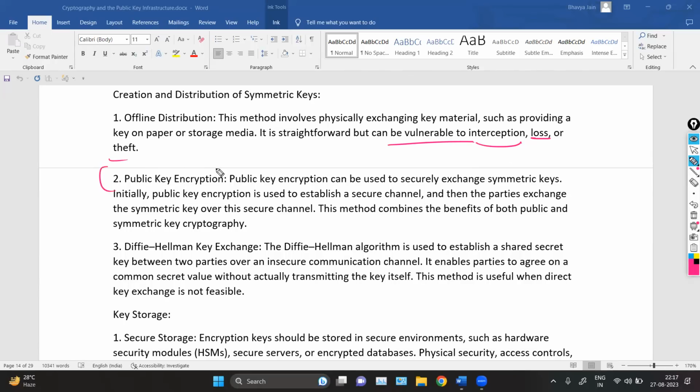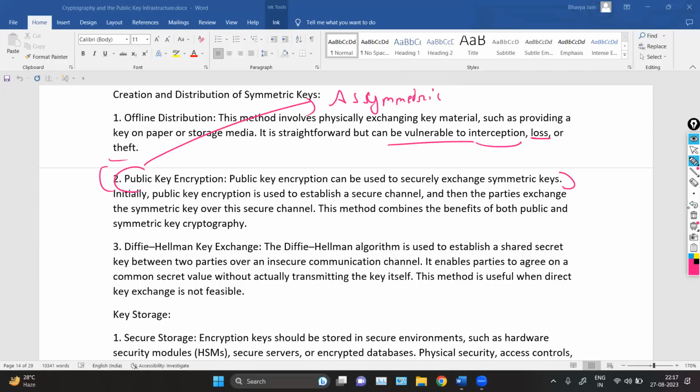Then we have public key encryption. Public key encryption can be used to securely exchange symmetric keys. Public key encryption is also known as asymmetric encryption, which we have already discussed. So we can combine symmetric and asymmetric together for a secure foundation.